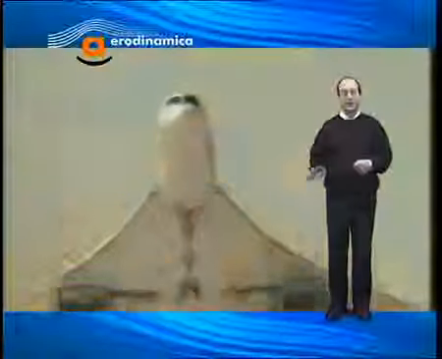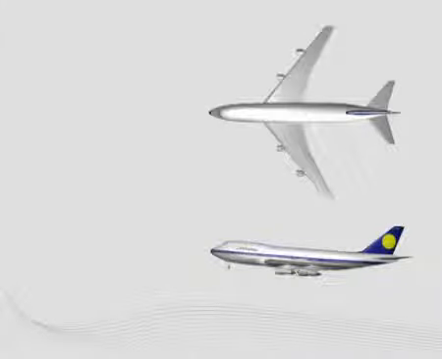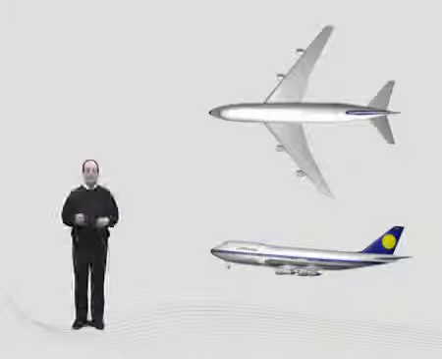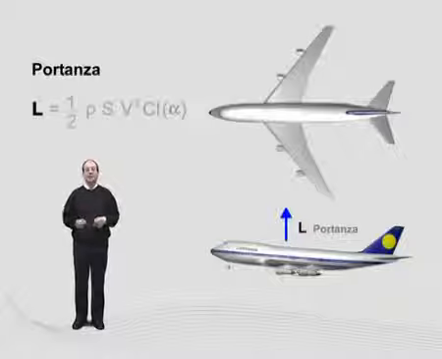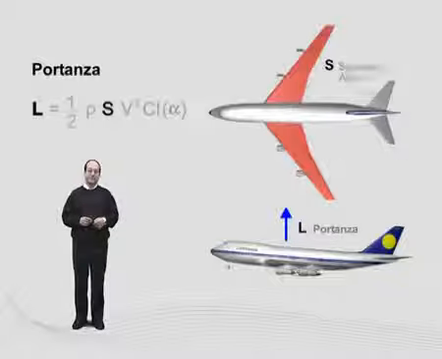Factors which affect the lift. How can we obtain all the requested amount of lift force necessary to fly the airplane? Let's start by observing which factors influence the lift intensity. The lift, which we indicate with the letter L, is directly proportional to the wing surface S and to the density of the fluid called ρ.